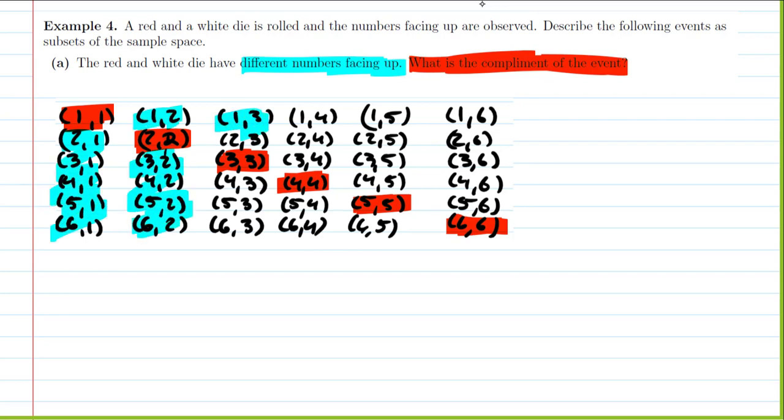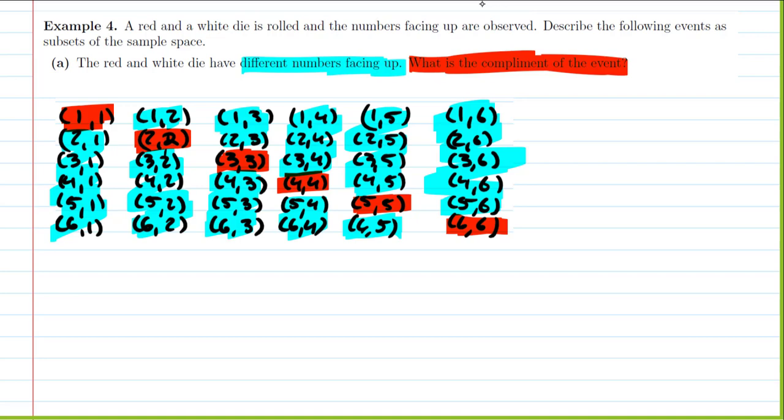So remember, an event and its complement never have any points in common, and the two of them together will always cover the entire space. So having different numbers facing up means that the dice don't have the same number. So then the complement of that event would be they do, which is the diagonal of that diagram.